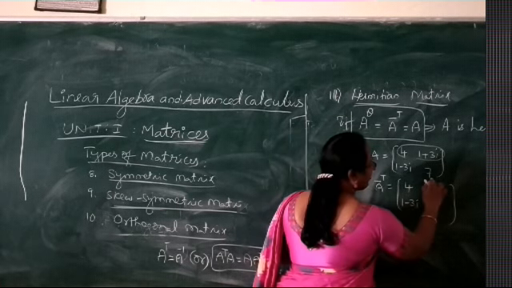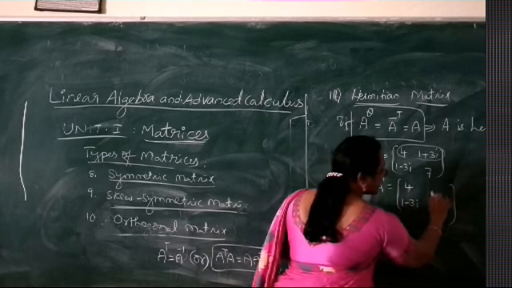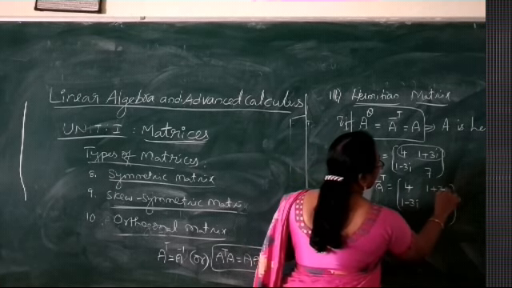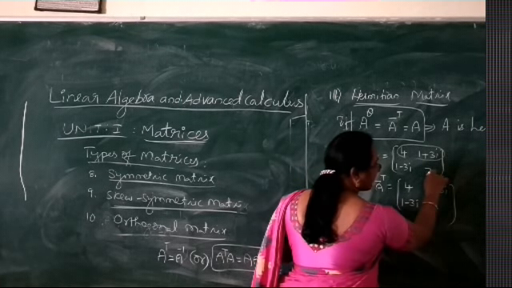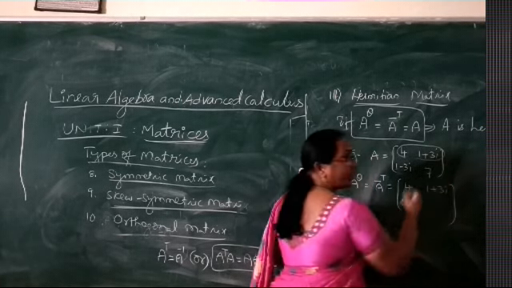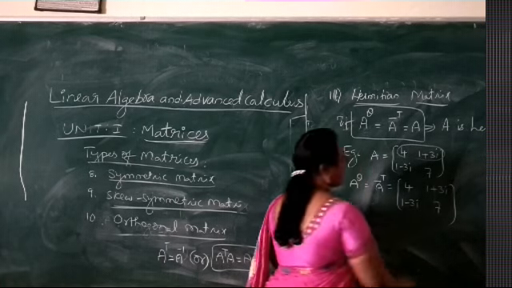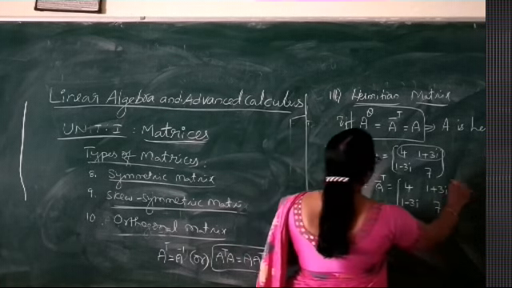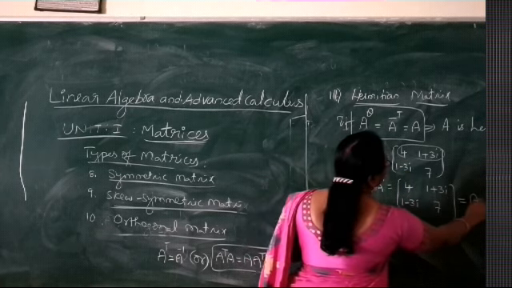Similarly, from the second row, writing the conjugates along the second column, 1 minus 3i becomes 1 plus 3i, and the conjugate of 7, because it is a real number, is itself, so it is 7. And we can see clearly that this is equal to the given matrix itself.